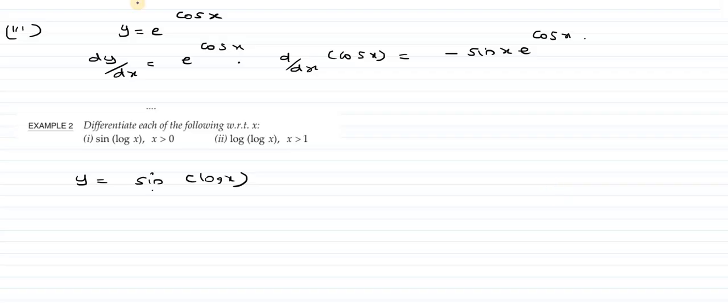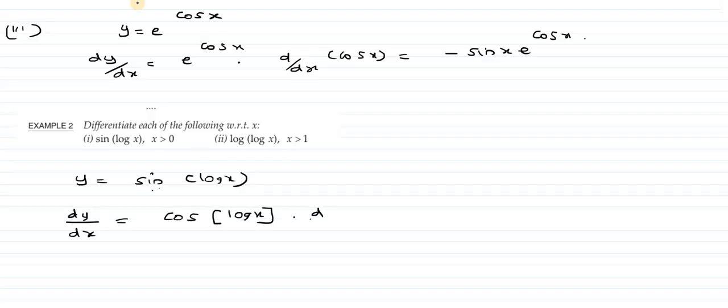Now what it will be? First thing is what? Power, function, angle or inside function. Correct? So now power, what is the power of sine function? It is 1. Correct? Whenever it is 1, what did I say? You need not worry about it. You can go to the next step. That is function you have to differentiate. So dy by dx. What is the differentiation of sine? Cos of, should I change anything? No. Cos of log x as it is I should write it.